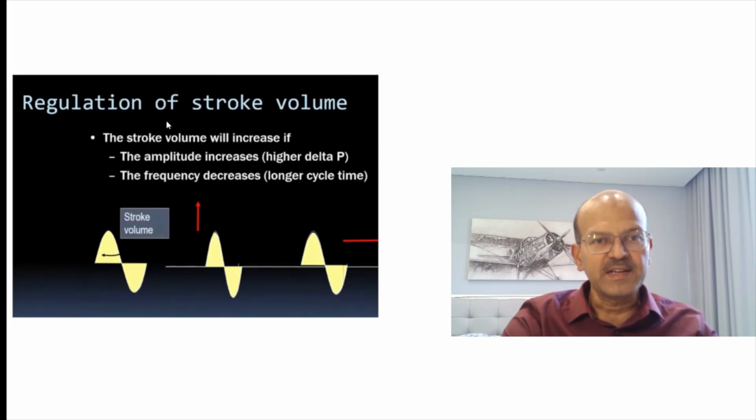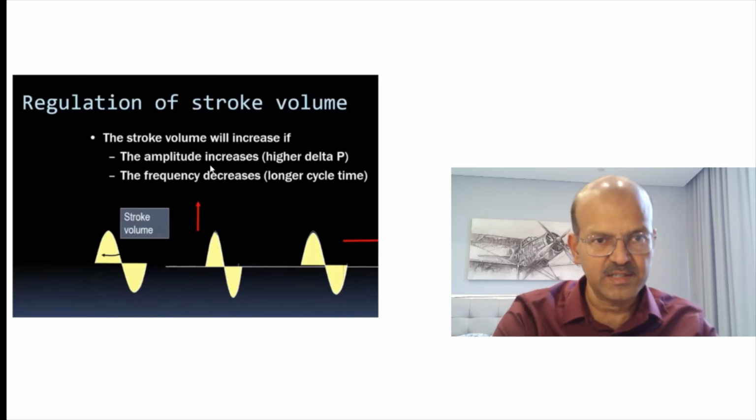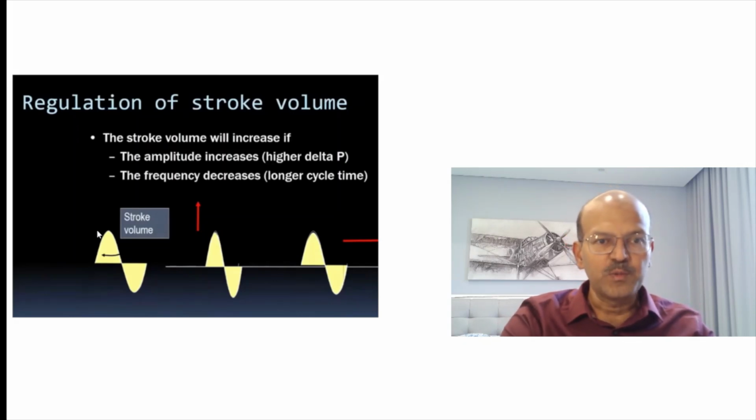It's very important to understand why going to a very high amplitude is not necessarily the best thing, as well as dropping the rate is not necessarily the best thing. When we have a higher amplitude, the stroke volume will increase, and this results in a delta P increasing. When the frequency decreases, then there is a longer cycle time.